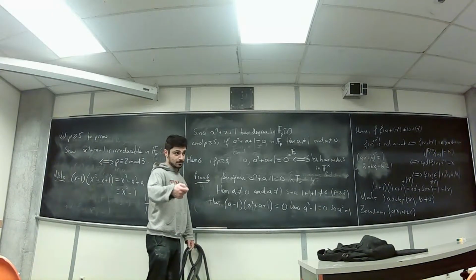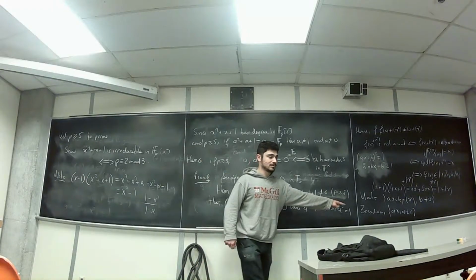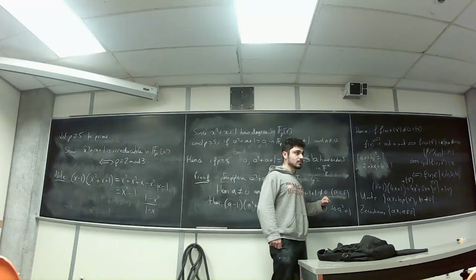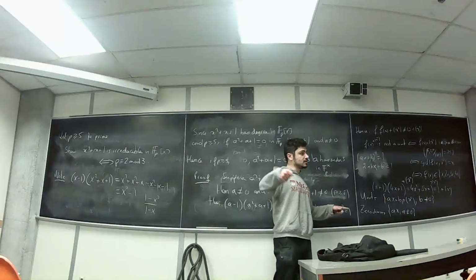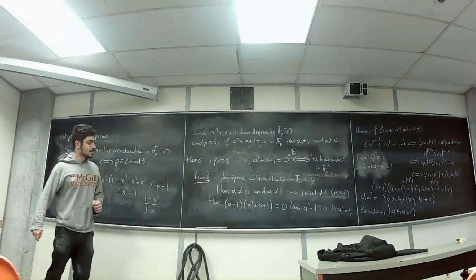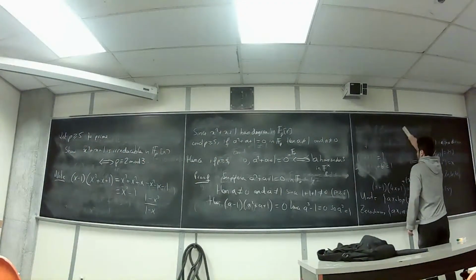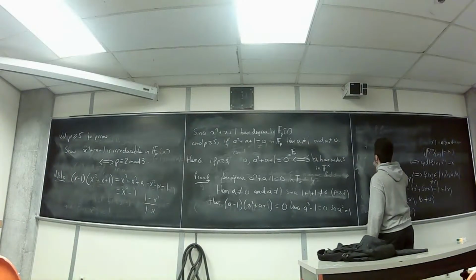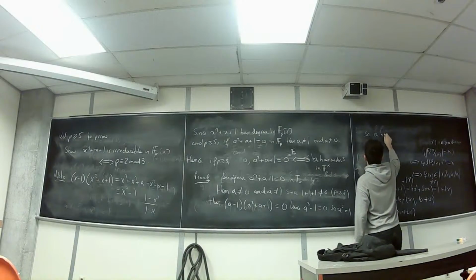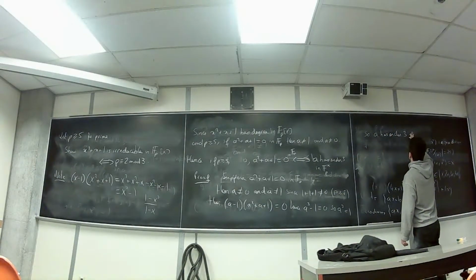A has order dividing 3, because if a cubed is equal to 1, then the order of a in Fp star divides 3. Group theory: if g to the n is equal to the identity, then the order of g divides n. Exactly, because 1 is the identity in Fp star. So 3 is the order. Exactly. So a has order 3.